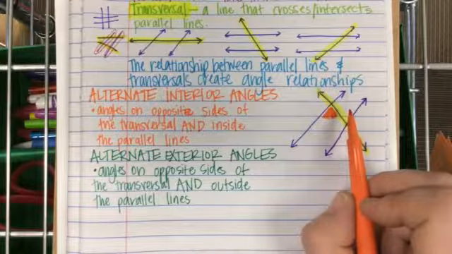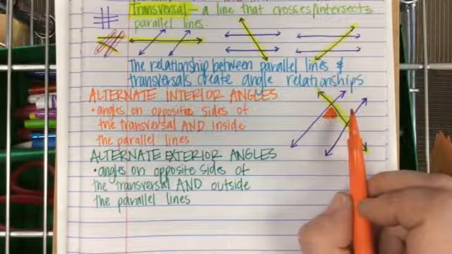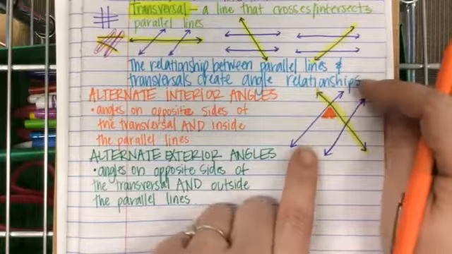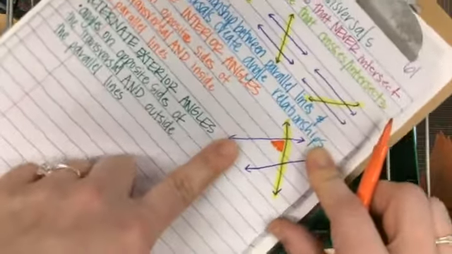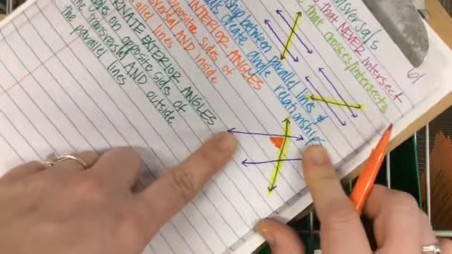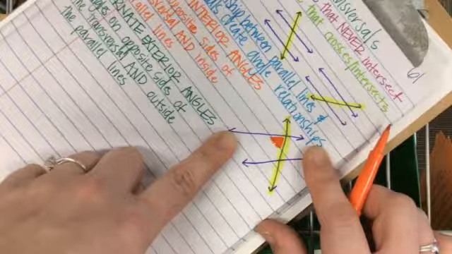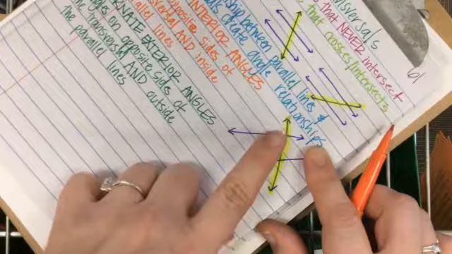Now here's the trick. I'm going to turn my paper. Are you ready? I'm going to turn it so my parallel lines are horizontal because sometimes that helps me. Alternate.